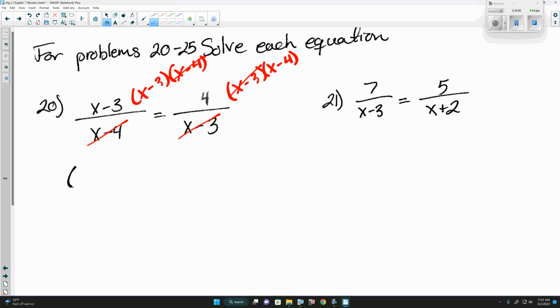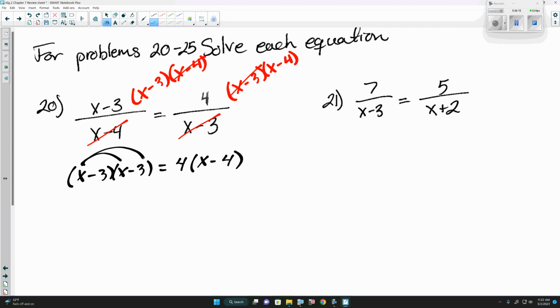And what that does leave us with is x minus 3 times x minus 3 is equal to 4 times x minus 4. And yes, x minus 3 times x minus 3 is the same as x minus 3 squared. But since we're actually having to multiply through, it's going to be better to leave it as x minus 3 times x minus 3.